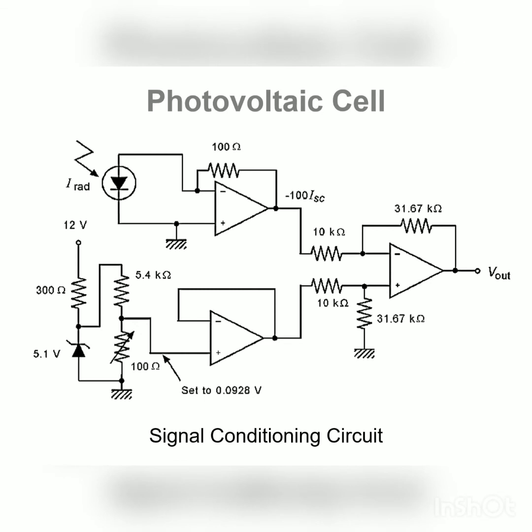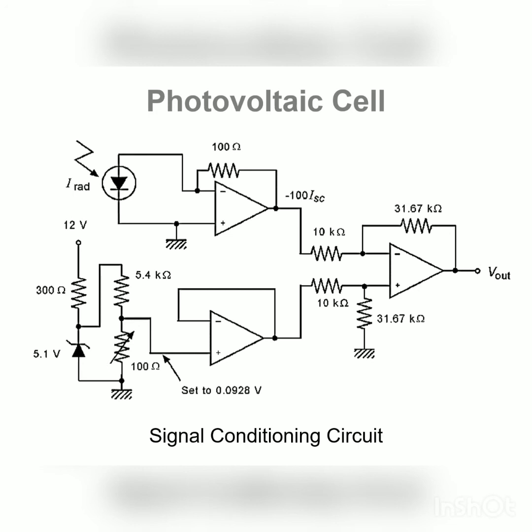This is the complete signal conditioning circuit diagram. At the bottom of the first stage, a constant voltage will be provided, which is set to 0.092 volts by using a Zener diode of 5.1 volt rating, connected in a potential divider arrangement supplied by a 12 volt constant supply. Another potential divider arrangement is required, as we have to set that voltage exactly to 0.0928 volts.